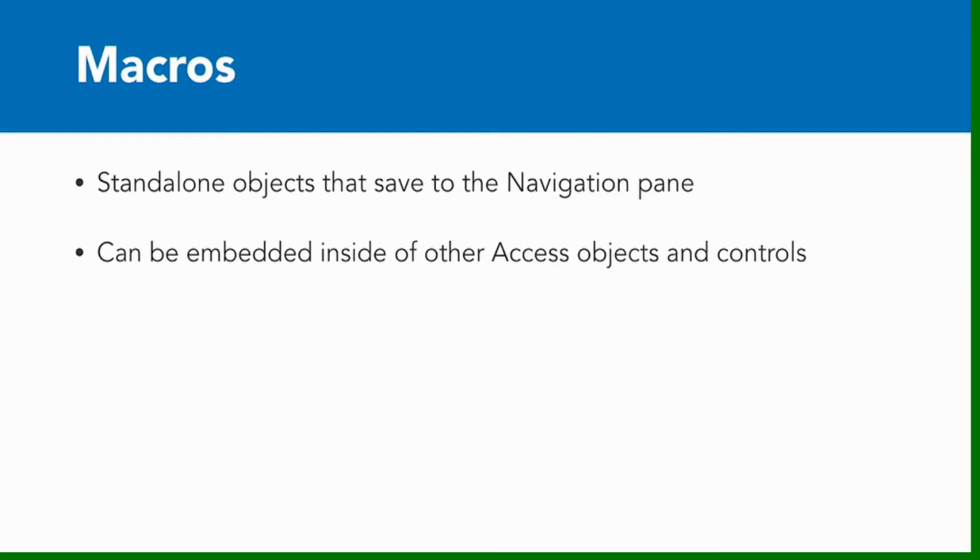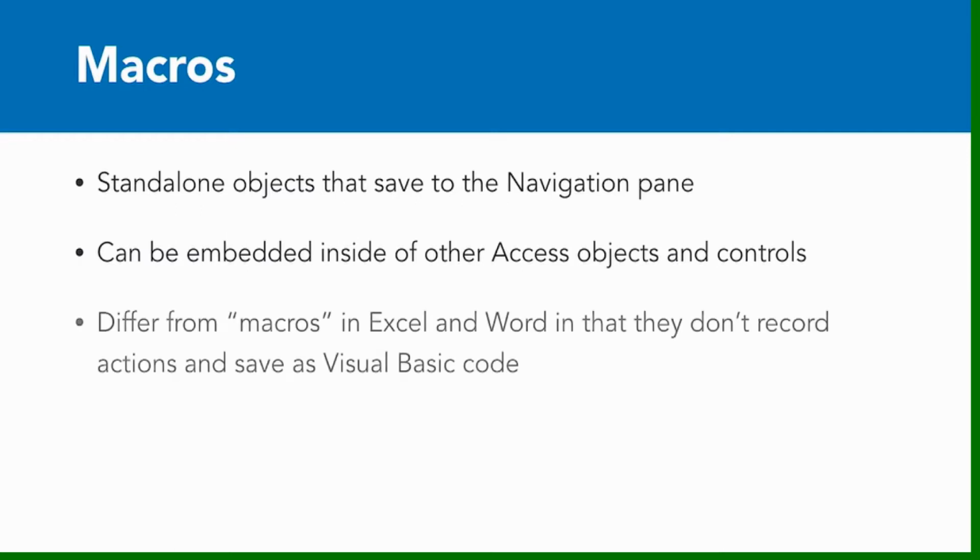Now, I should also take a moment to clarify that macros in Access differ from macros in other Office programs, such as Excel and Word. In those programs, you have the option to record a series of steps while you work, and then replay those steps back again. When you record a macro in Excel and Word, Visual Basic code is being written in the background. In Access, macros are very different. Macros in Access can't simply be recorded, and they don't use Visual Basic code at all.